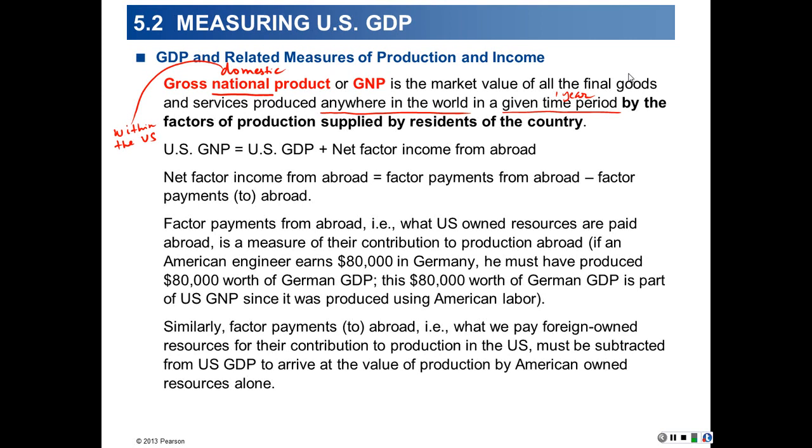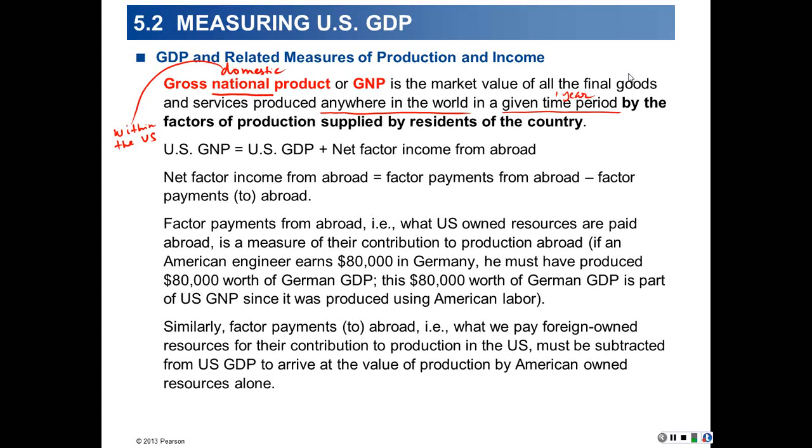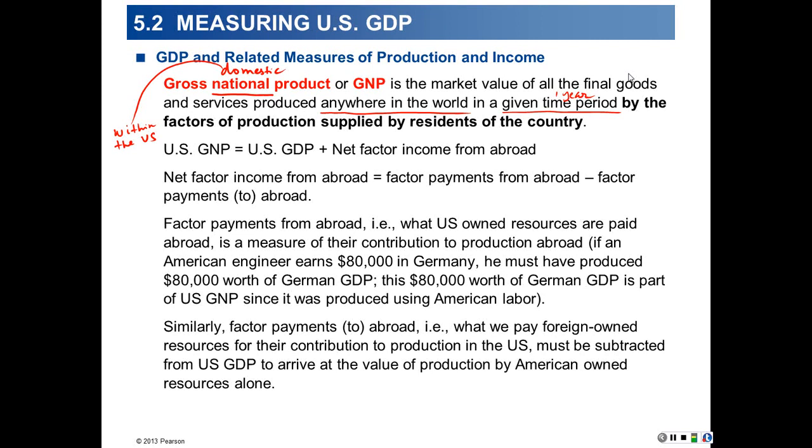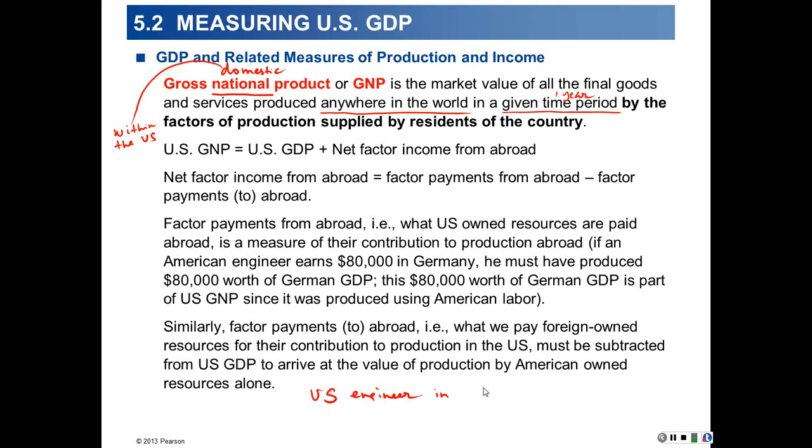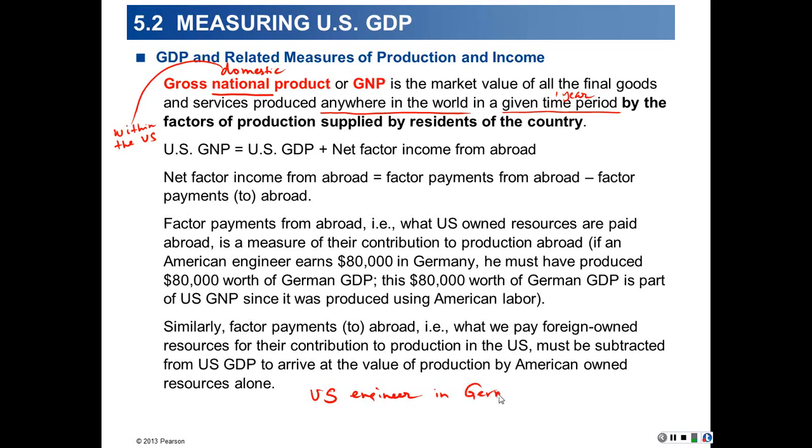Correct? Now, how do you work out the contribution of an American resource to production abroad? How do you work this out? Let us say that we have a US engineer in Germany. This guy is, let's say he's an automotive engineer and is working for BMW in Germany.